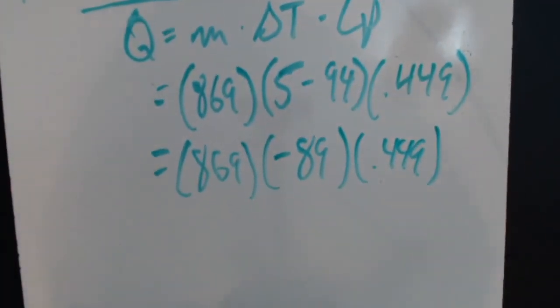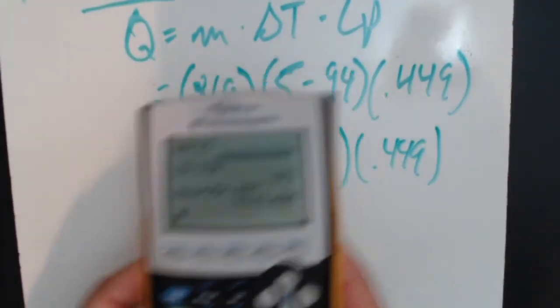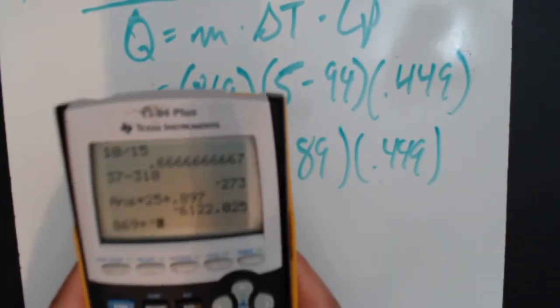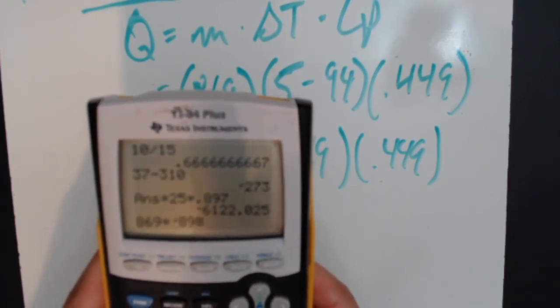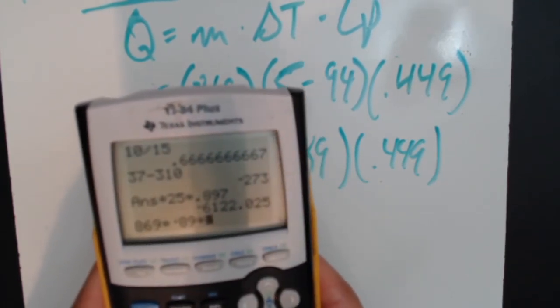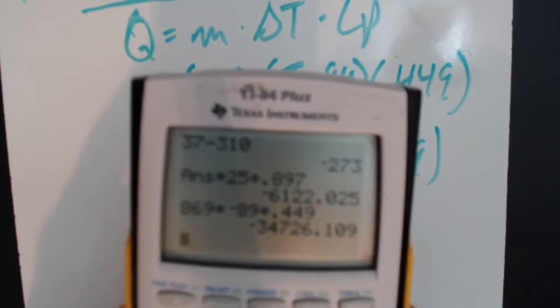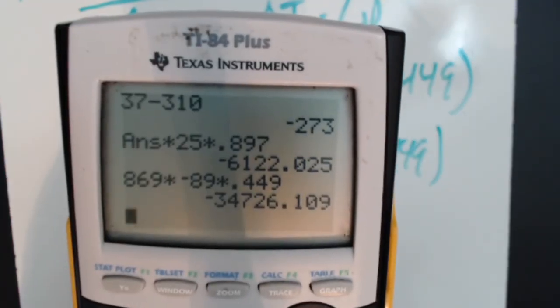And we just do the math now. 869 times negative 89 times 0.449. And there you go.